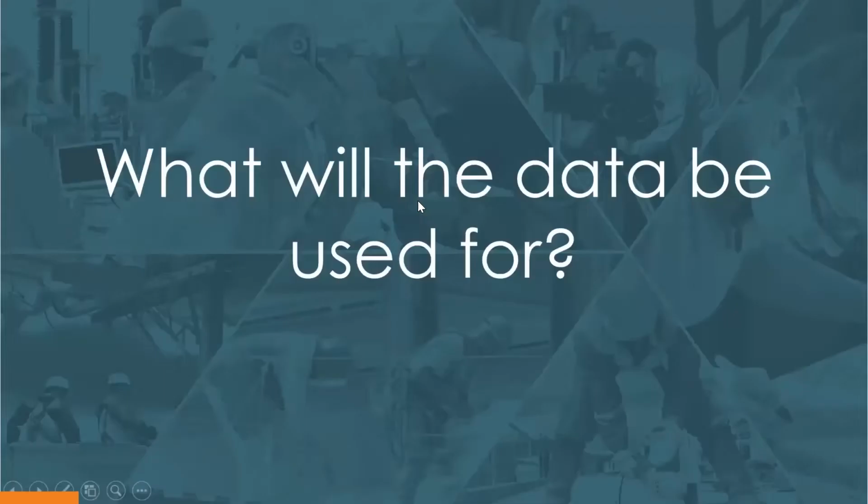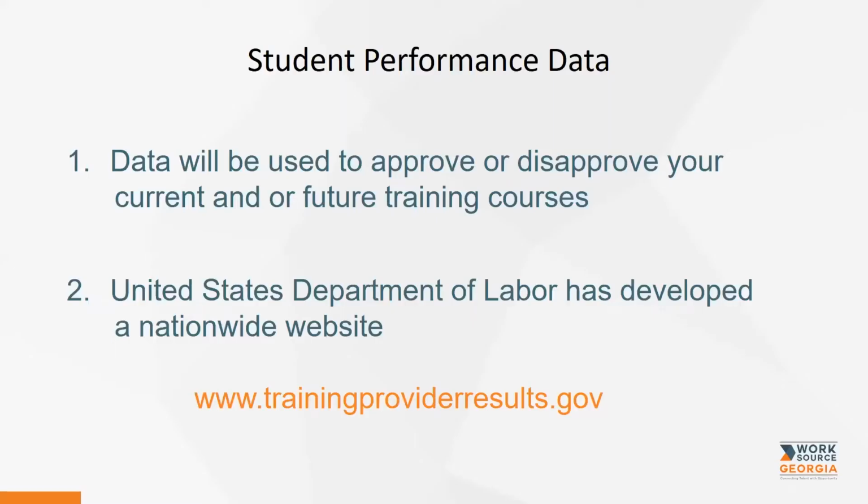What will the data be used for? As I mentioned in a previous tutorial, the student data report can be submitted to the state in two different formats. In a detailed format, the training provider submits the SSN, start and exit dates for the students. And from that, the state will gather wage and employment information for those students.